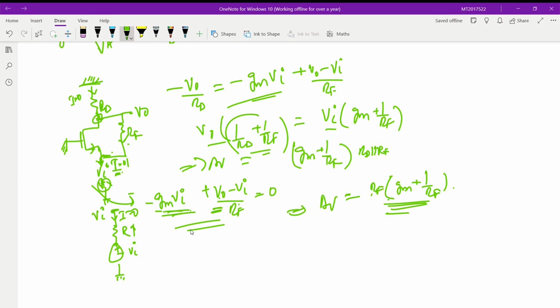If you see anyone finding two different answers by putting the current equation at two different nodes, you know the reason now. At this node, you have to consider a finite I also if you want to solve this node. So let us do that correctly.